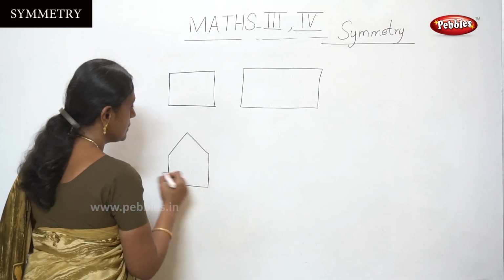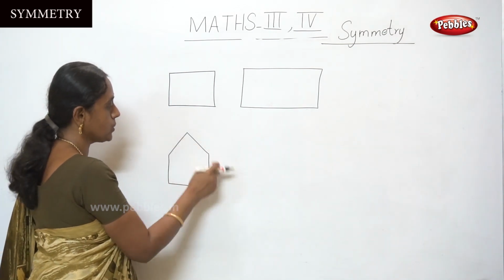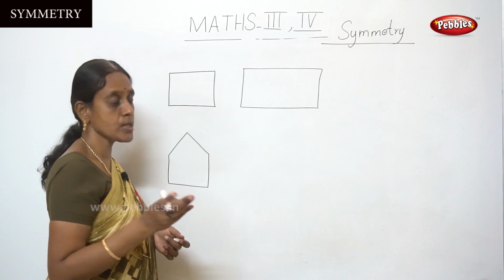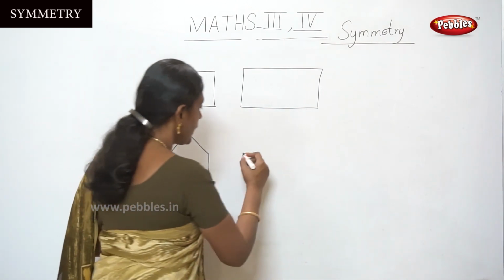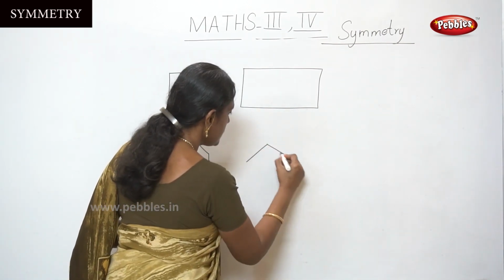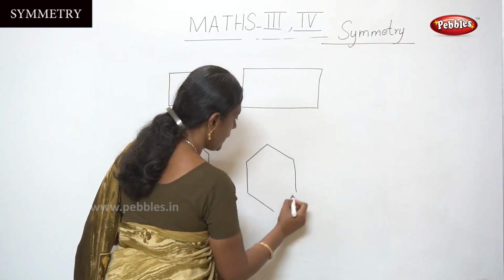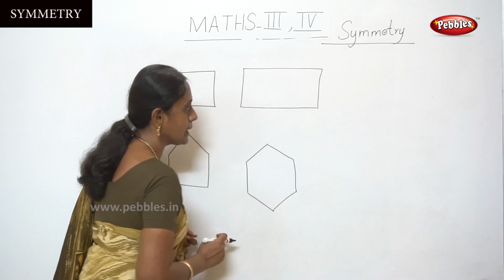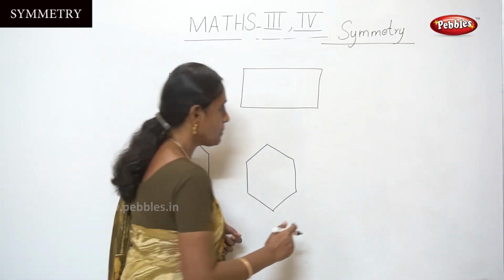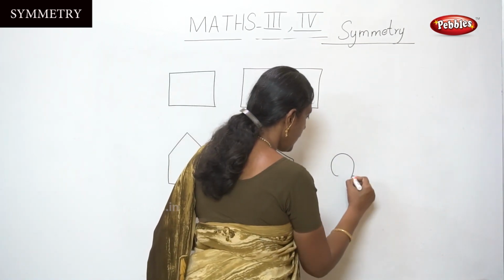And this is a pentagon: 1, 2, 3, 4, 5. It has 5 sides. And that is 1, 2, 3, 4, 5, 6, that is a hexagon. And somewhat that is a clever shape.